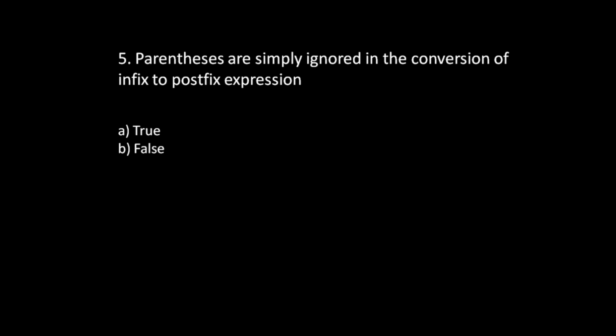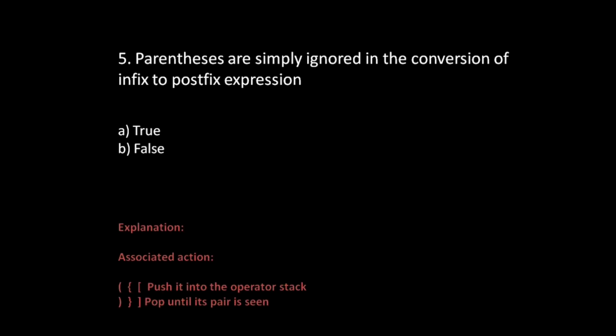But we have seen that the parentheses are not simply ignored; we are performing an action depending upon whether it is an opening or closing parenthesis, and that action can be push or pop. After performing the action, we will discard this parenthesis from the postfix expression. So the answer is B, false.